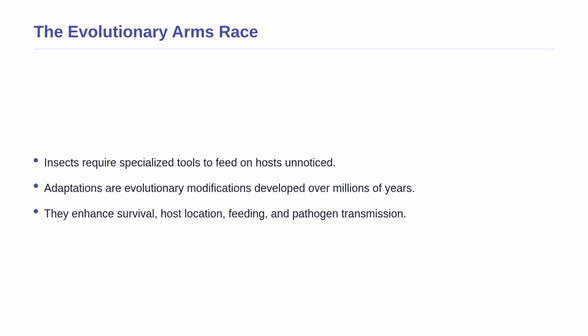These adaptations specifically enhance the insect's ability to survive harsh environments, locate a suitable host, successfully feed on blood, and ultimately transmit pathogens. Without these specialized tools, an insect would simply be swatted away or killed before it could ever spread a disease.